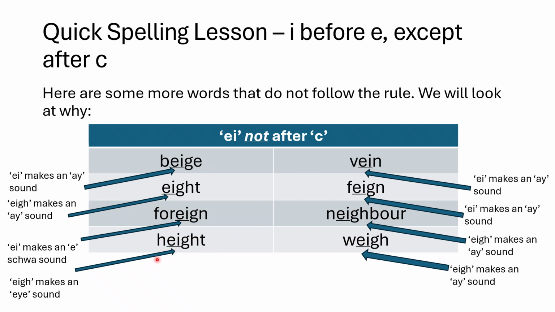Height. In this word, the EIGH makes an I sound. Vein. In this word, the EI makes an A sound. Feign. In this word, the EI makes an A sound.